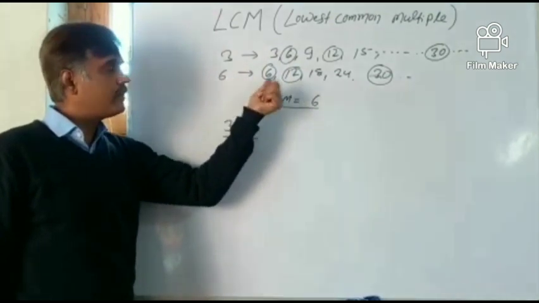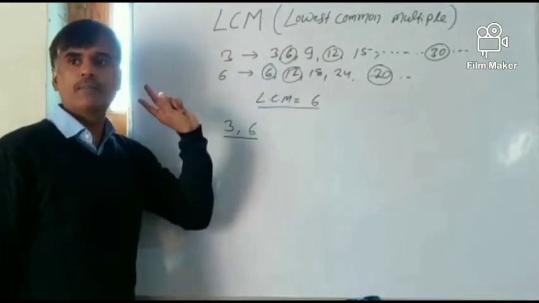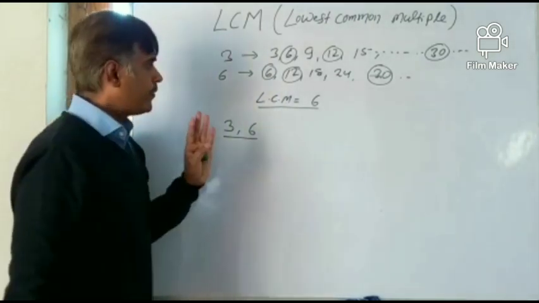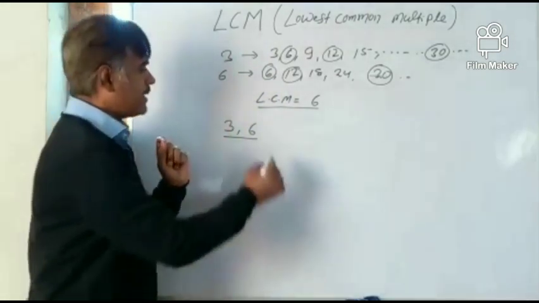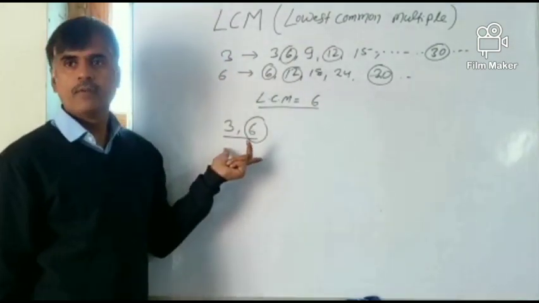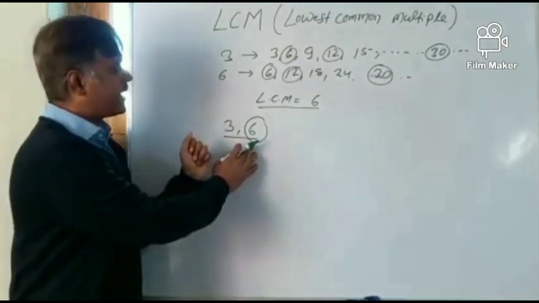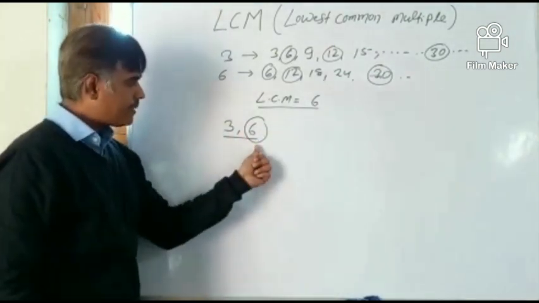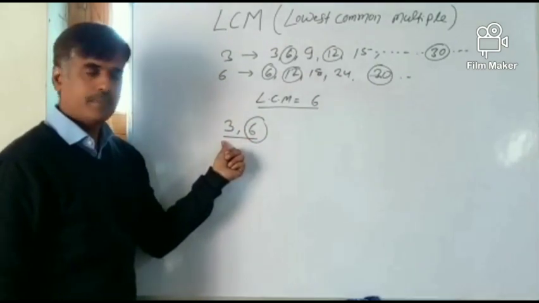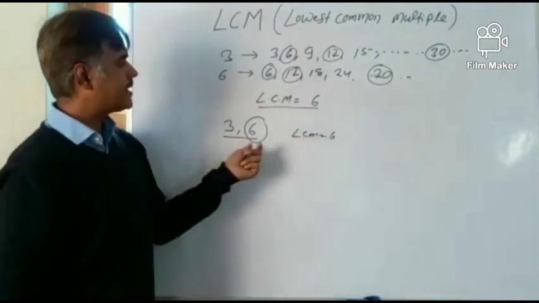The multiple of 6 cannot be less than 6. Always the multiples will be greater than the given numbers. So for finding LCM we will choose the greater number. The smaller number is not of use. So take the greater number, and if the greater number is divisible by the smaller, then it is itself the LCM. For 3 and 6, 6 is the LCM.